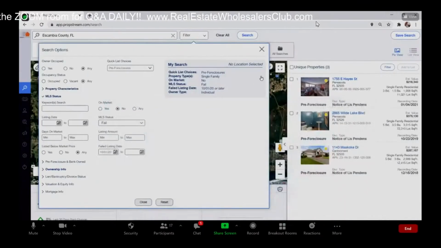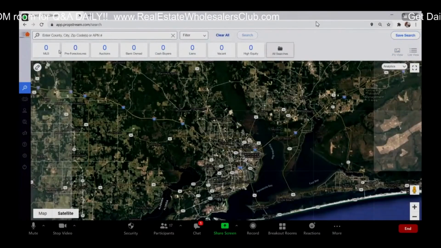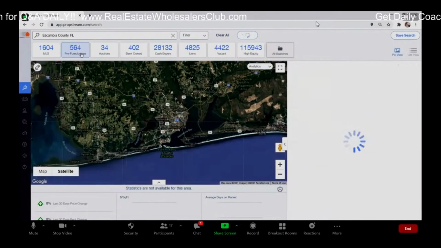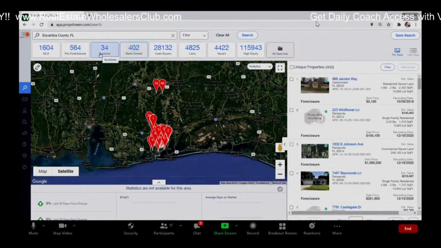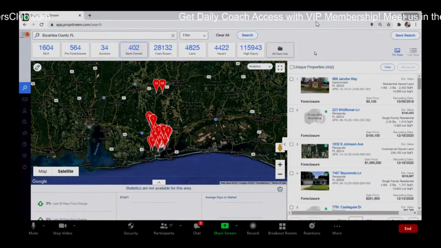So let's talk about list suppression. So if I know that in Escambia County, Justin is marketing to all these pre-foreclosures, all these auctions, all these bank-owned properties, I need to edge them out. Have you guys figured out how many different possible combinations there are? No, we haven't. And we're still trying to figure out what that is. And I'll explain why in a few moments, why the combination could be endless.